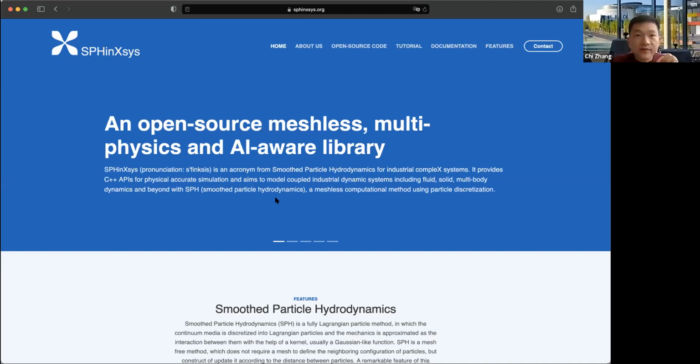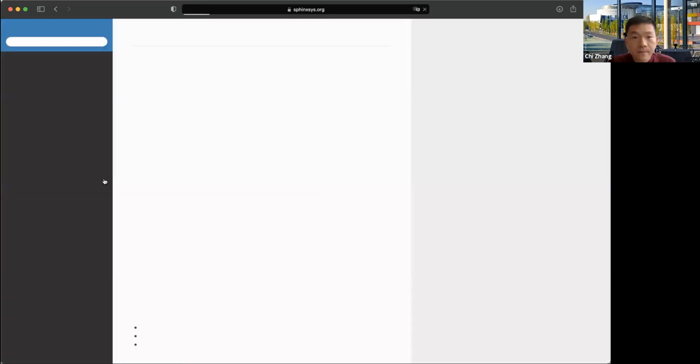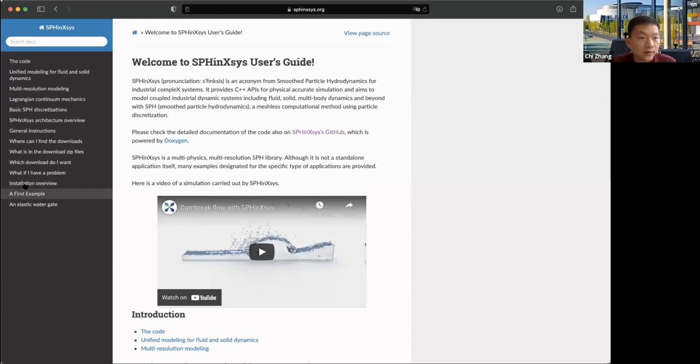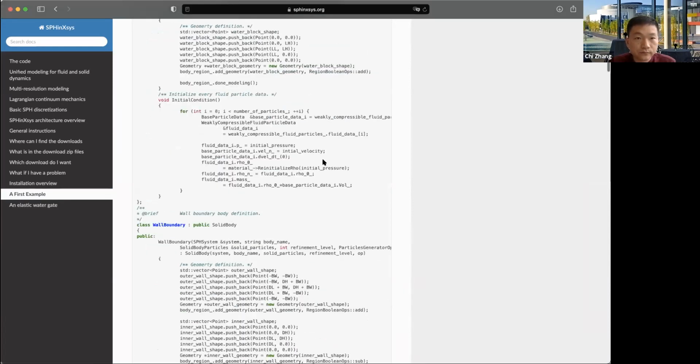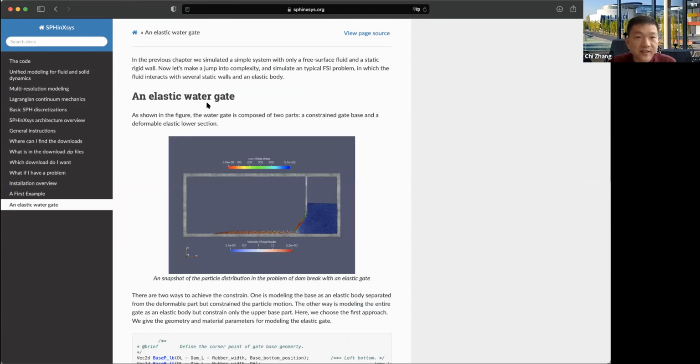So this is the website. Its name is SPHinXsys.org, and you can find the source code link to GitHub. There is also documentation and some tutorials here. Now we have the installation overview and a first example, a 2D dam break, and also an example of the elastic watch.